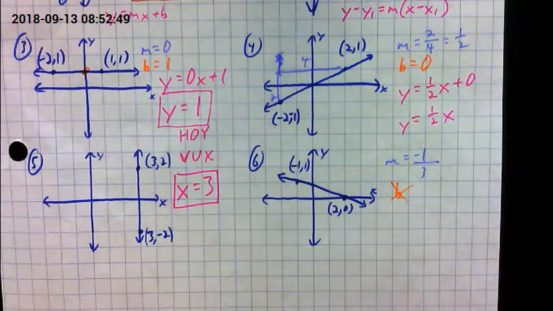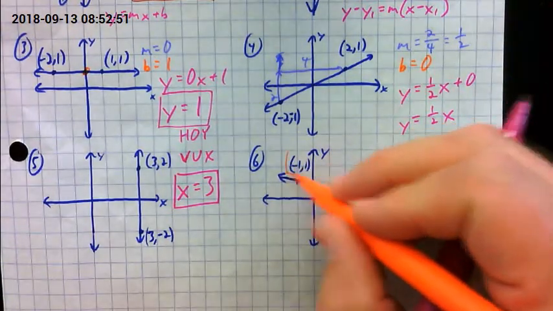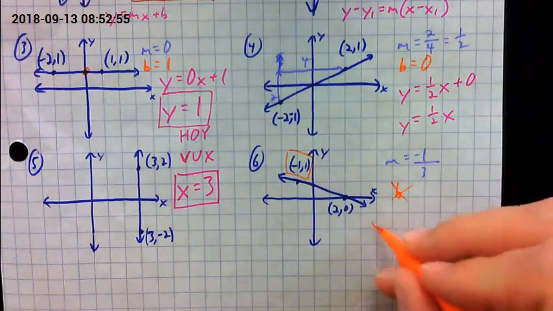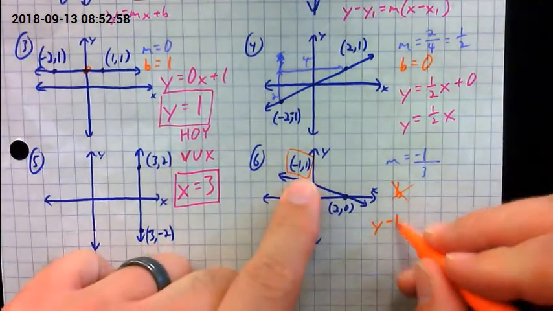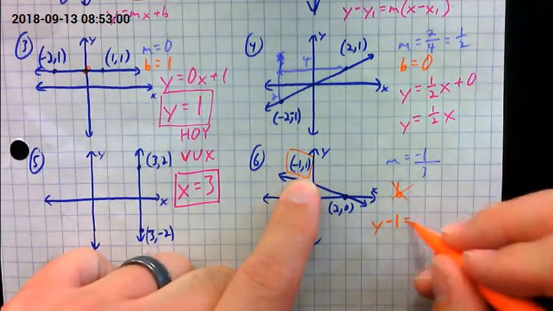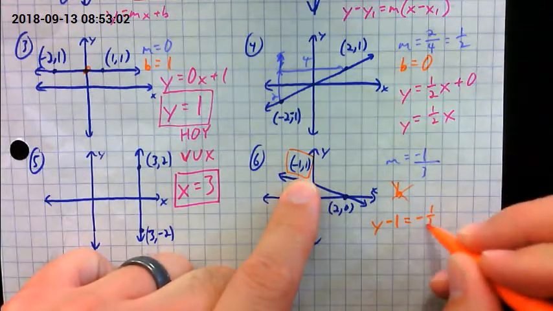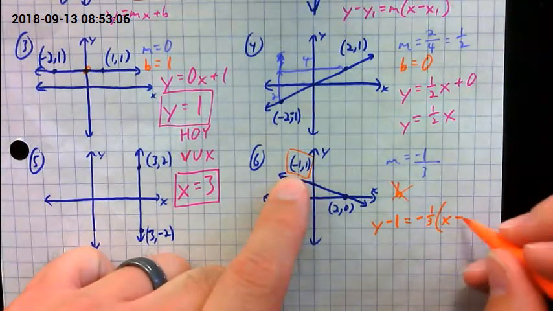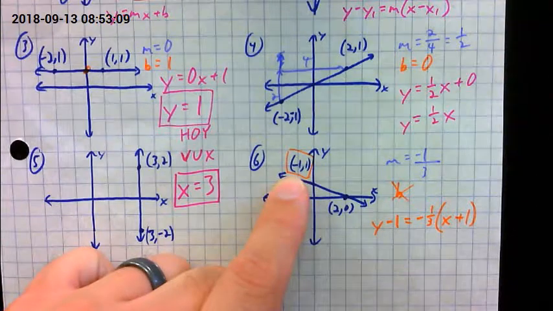So let's go ahead and use this point first. We could say y minus y1, which was 1, equals the slope, negative 1/3, times x minus negative 1, so plus 1.